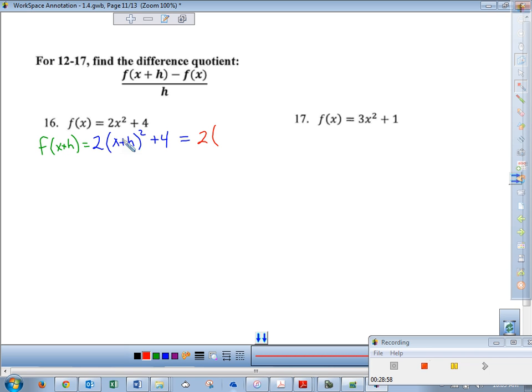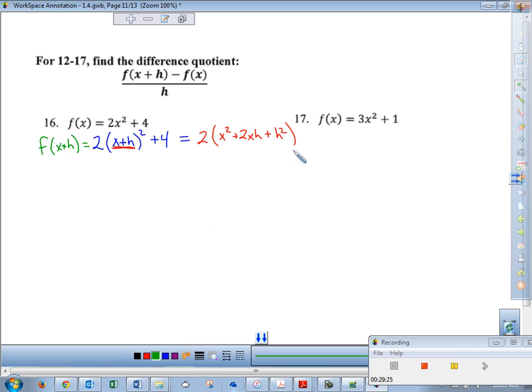The trick is square the first term. What's our first guy? X. I'm going to square him. Then twice the product of those. If you multiplied these together, wouldn't you get xh, right? I need twice that, so that would be 2xh. And square the last guy, and that would give you an h squared.